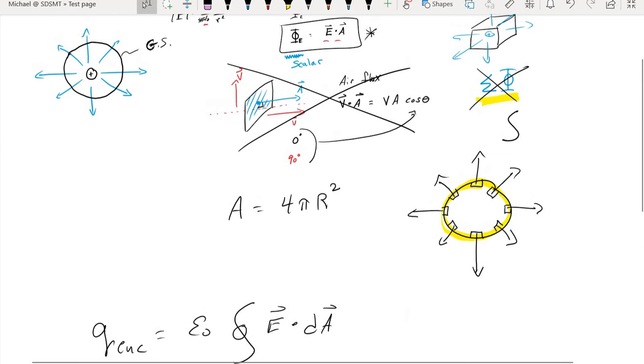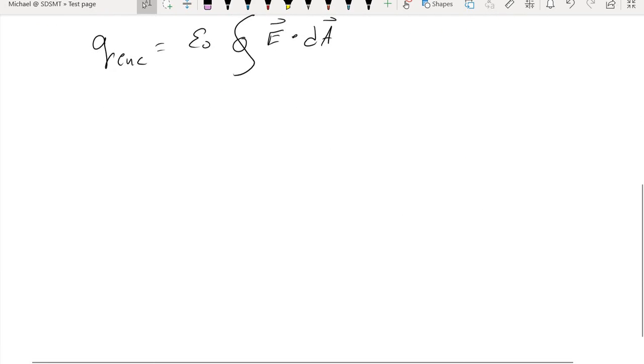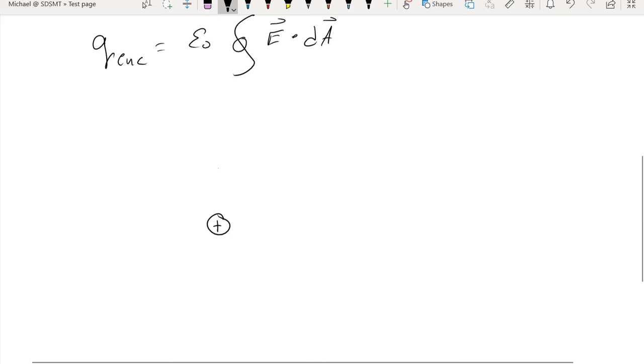And now we're ready to get started. We're going to take that individual charge of Q. We're going to place it inside of this imaginary spherical shell, which will act as our Gaussian surface.